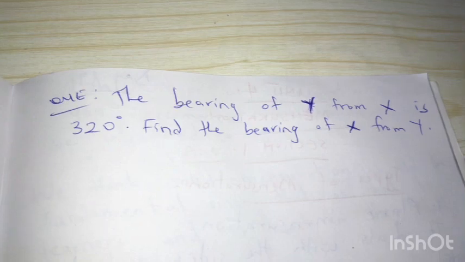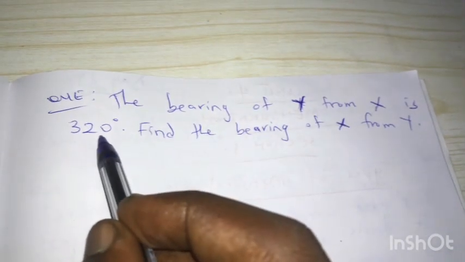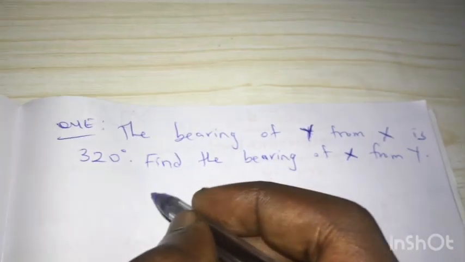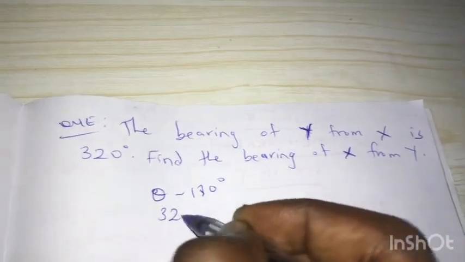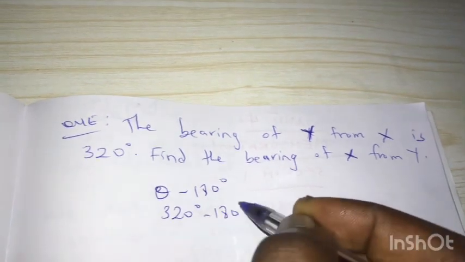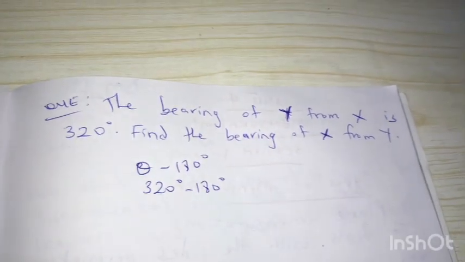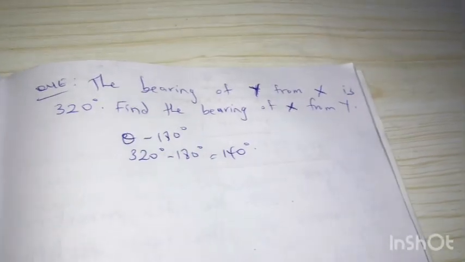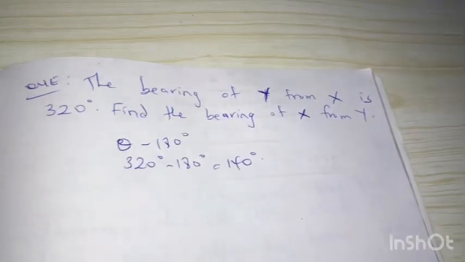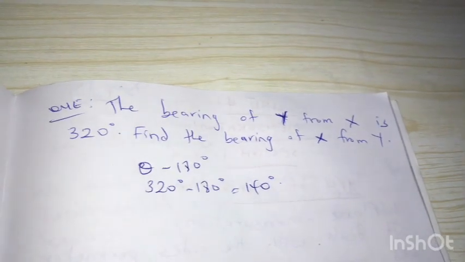Find the bearing of X from Y. We can see that this one is more than 180. So the formula will be theta minus 180 degrees. So 320 degrees minus 180 degrees, and the answer is 140 degrees, as we did in the other example.